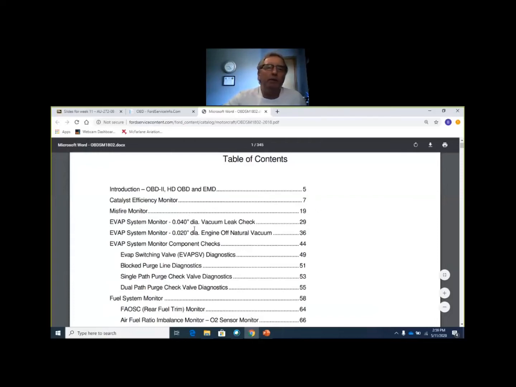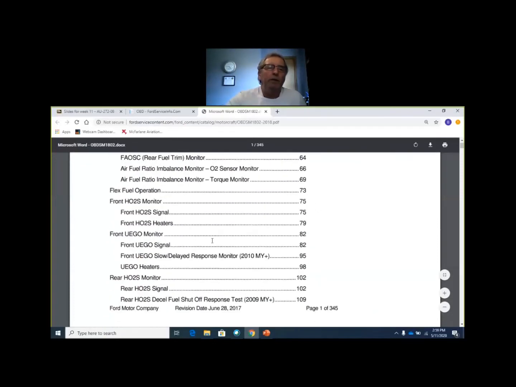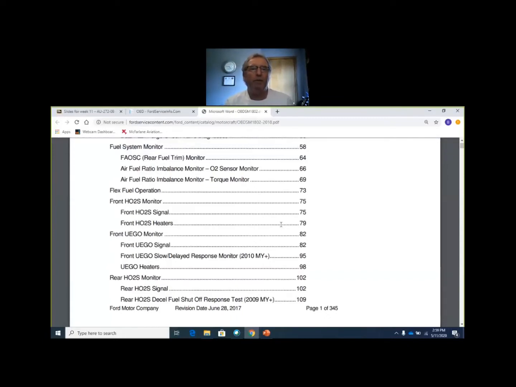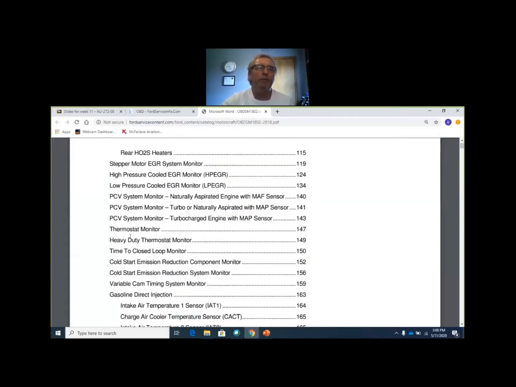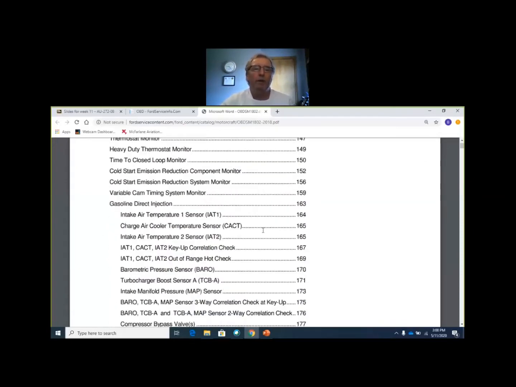And there's a lot of information in here. It talks about individual monitors. It talks about operation of flex fuel systems, which are ones that can run on anything from E10, 10% ethanol, right up to E85. I'm sorry, E10 is regular. It talks about oxygen sensor monitors, EGR monitors, cooled EGR monitors, PCV system monitors, thermostat monitor, all kinds of monitors.